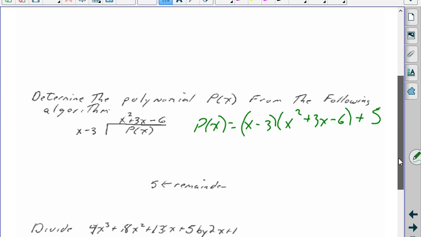So now all I need you to do is expand, do your distributive property on this to get the actual polynomial. And yes, this is 8x. I don't know why, probably I didn't erase something properly.